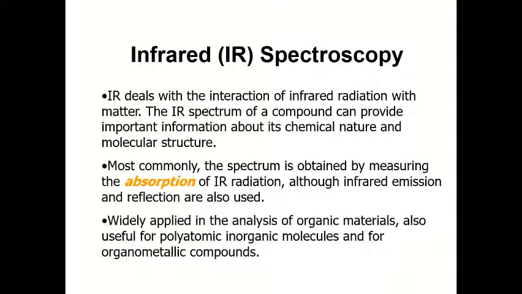It is most commonly used by measuring the absorption of the IR radiation, though infrared emission and reflection are also used. It is widely applied in the analysis of organic materials, also useful for polyatomic inorganic molecules and organometallic compounds, but mostly it is used to study covalent bonds.